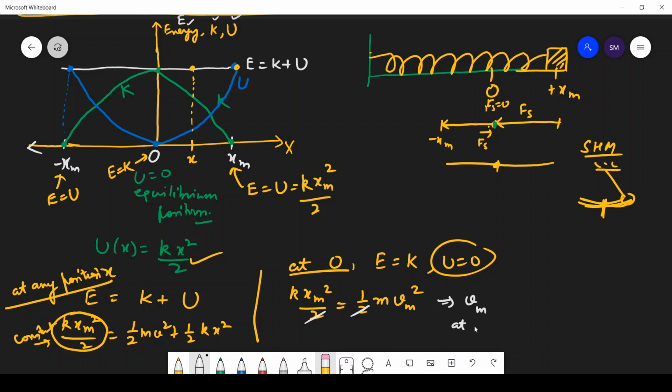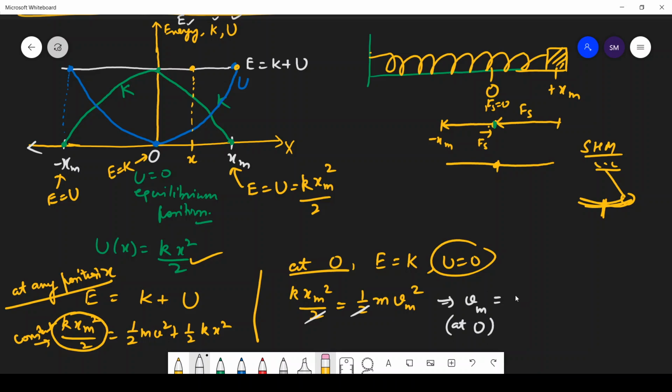And maximum speed at equilibrium position O. Equilibrium means potential energy is zero, not kinetic energy. So when it is moving, what is the maximum velocity here? Vm square is equal to k by m into xm square.